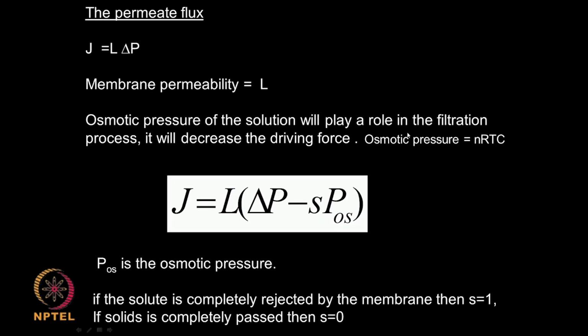Okay, so let us look at some equations. The permeate flux J is equal to L into delta P. L is called the membrane permeability and delta P is the pressure, the driving force. But osmotic pressure will also play a very important role. That will have a negative effect, or it will decrease the driving force.